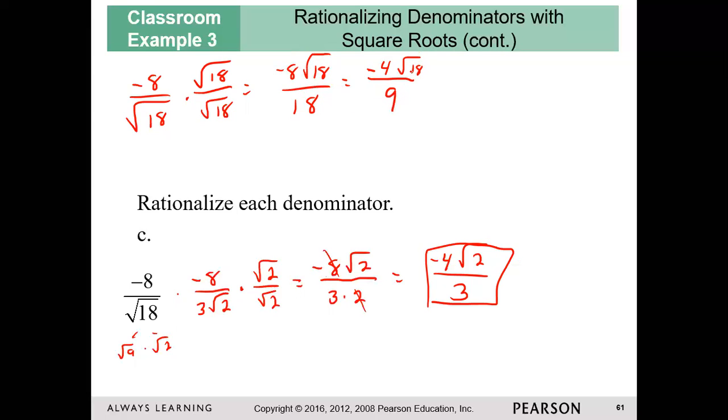And now you need to get into this realm of the radical 18. So you've got -4 times 3 square roots of 2, because we know that this radical 18 simplifies to be 3 radical 2. We did that already, over 9. And now you can simplify here to get a 3.